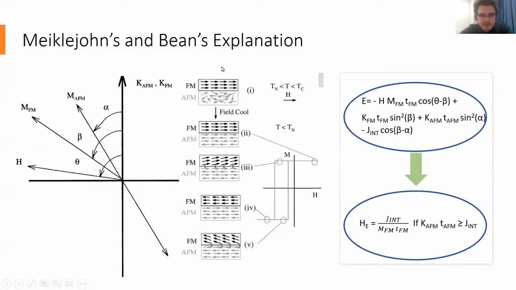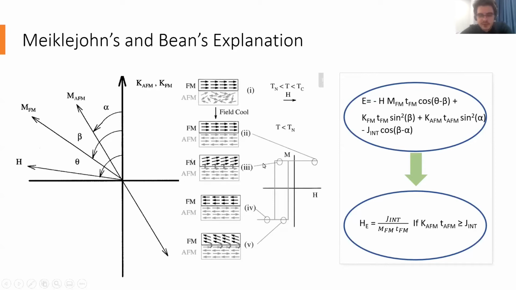As you can see, the process is summarized here. You cool the material from above the Neel temperature but below the Curie temperature to a temperature below both the Neel and Curie temperatures to observe exchange bias.